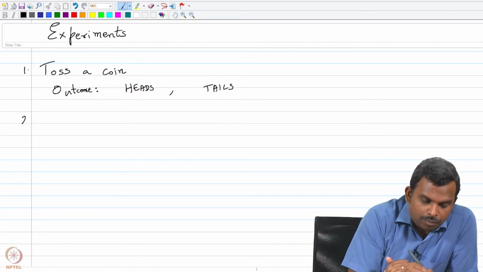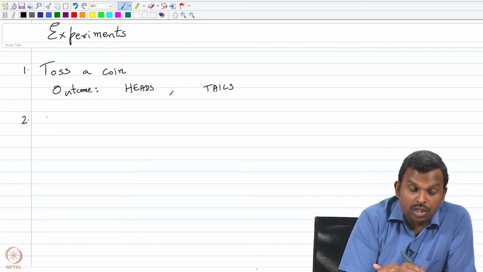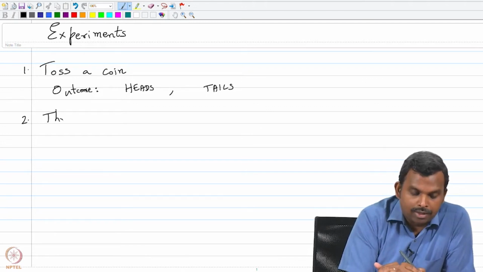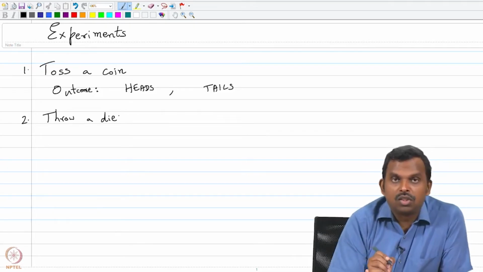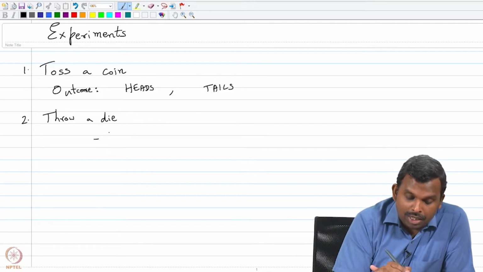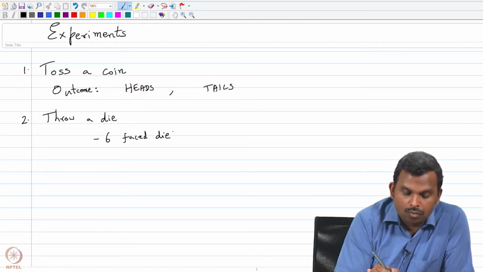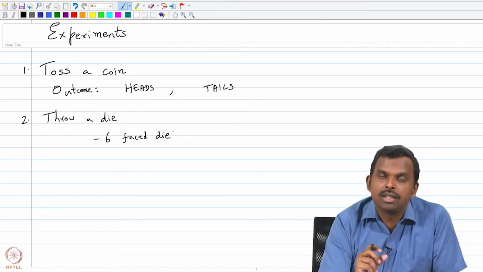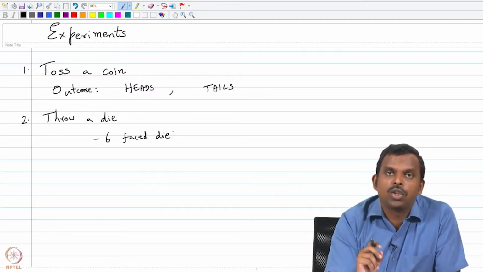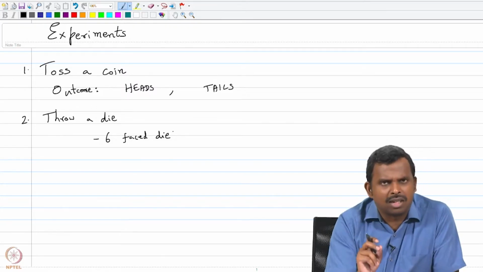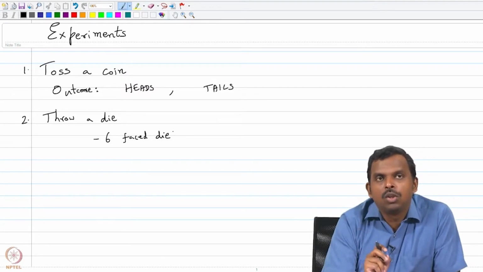The second experiment that we will be using quite often in examples is throw a die. When I say a die, I mean a 6-faced die. It is a small cube, you must have seen this. On each face of the cube some number is marked, I mean some small dots are made to mark numbers.